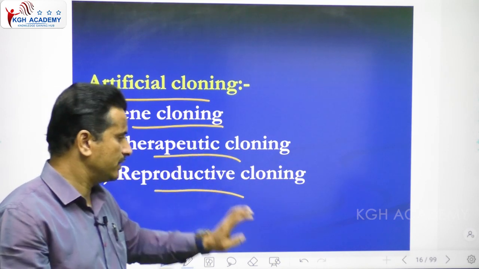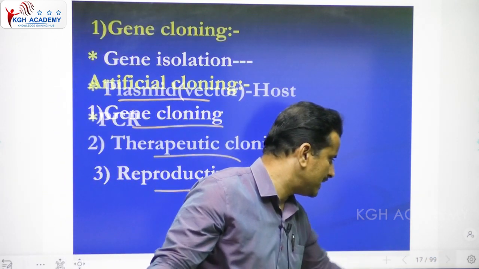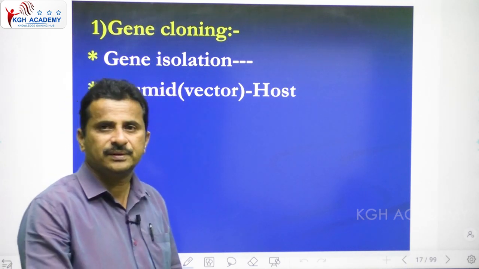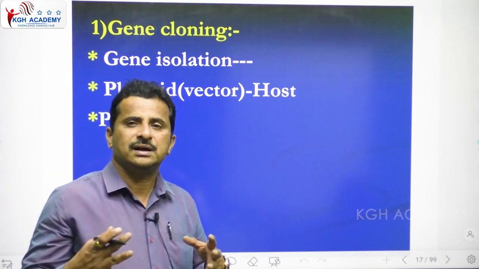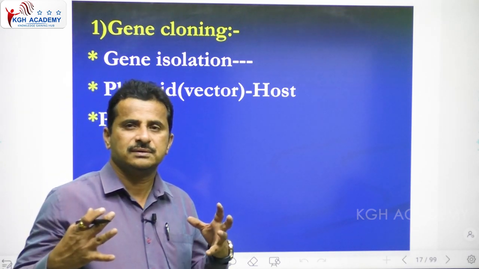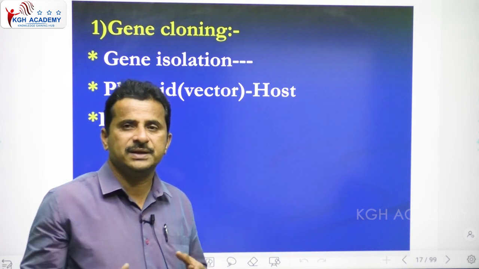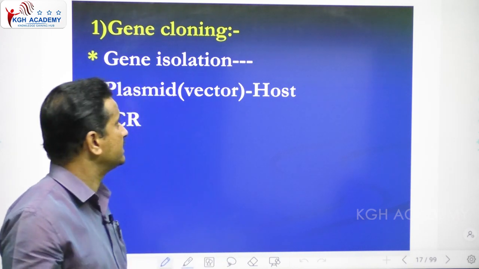So first, gene cloning. A gene is nothing but part of the DNA. Here we can generate lakhs of DNA copies with the help of two methods.